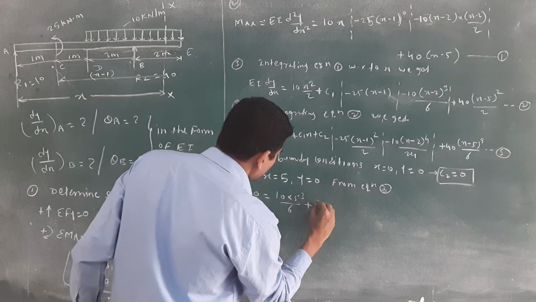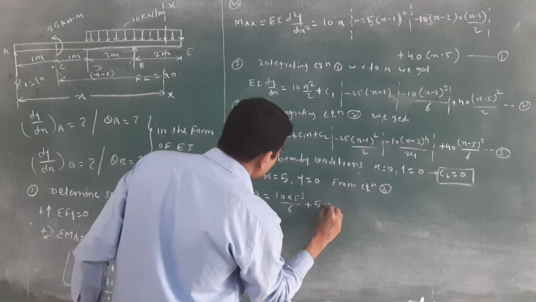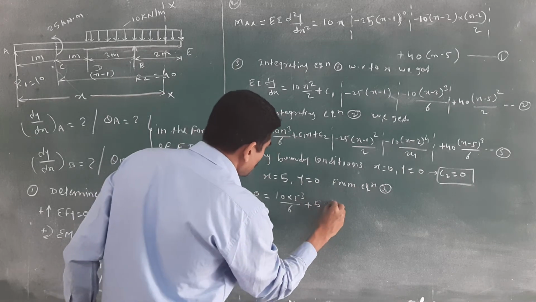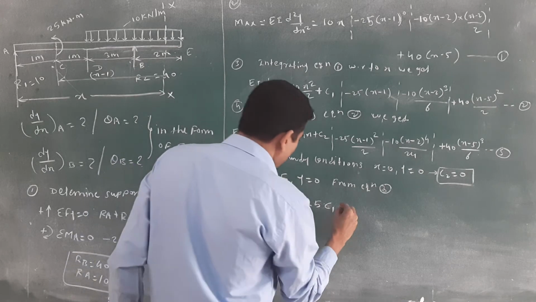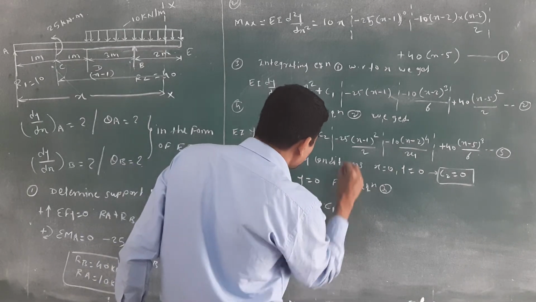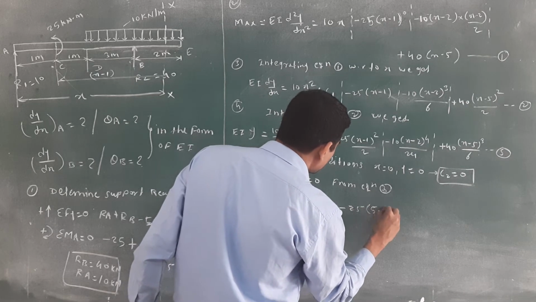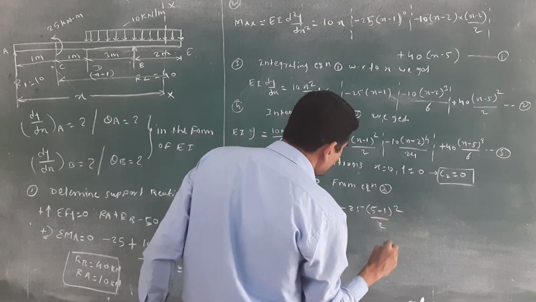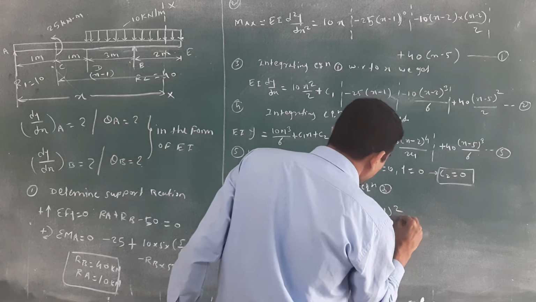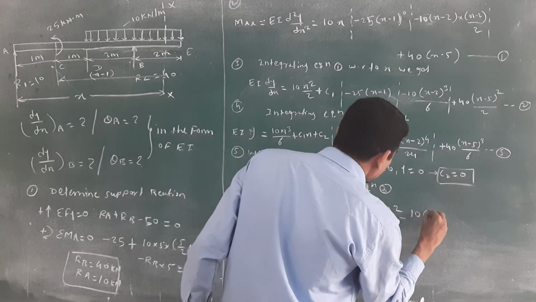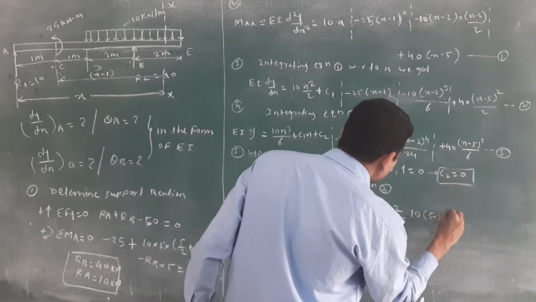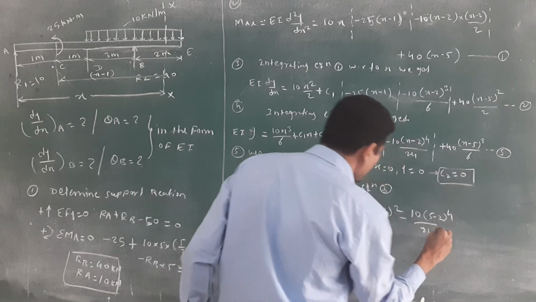We don't know C1, we want to calculate it. 5 C1 is there, plus C2 is 0, minus 25 into (5 minus 1) bracket square divided by 2, then again minus 10 into (5 minus 2) bracket raised to 4 divided by 24.